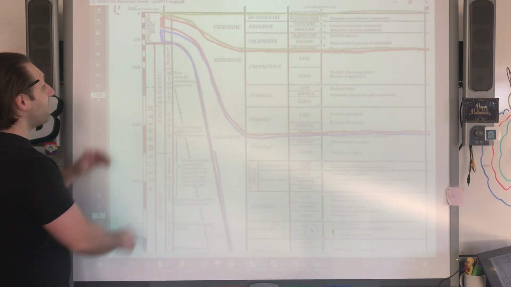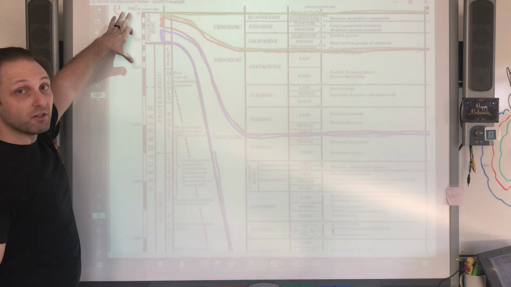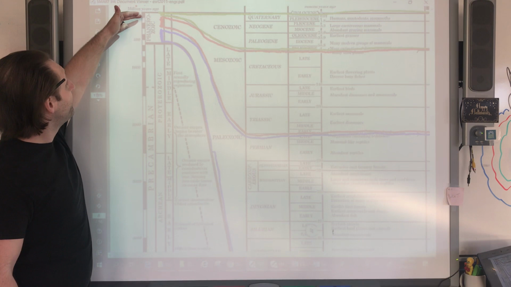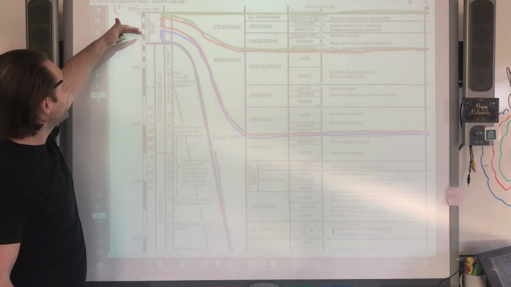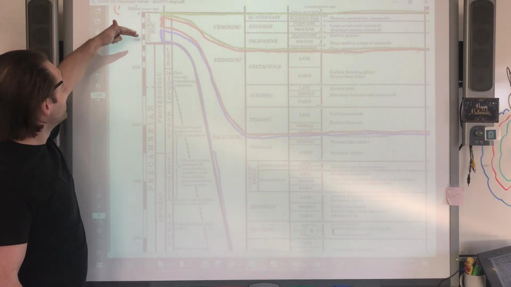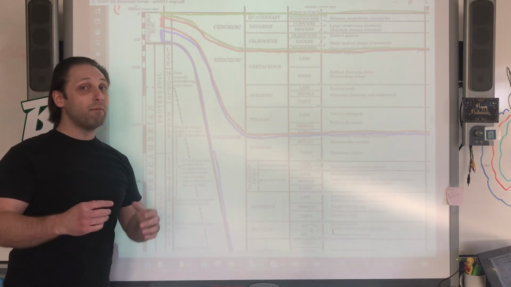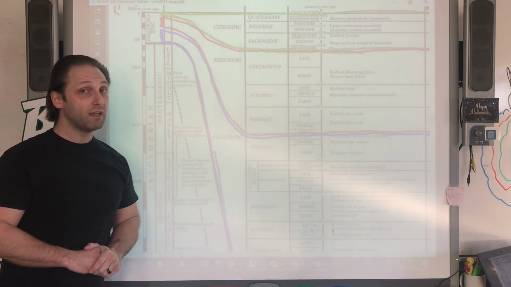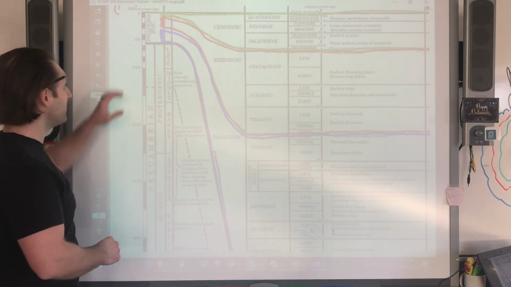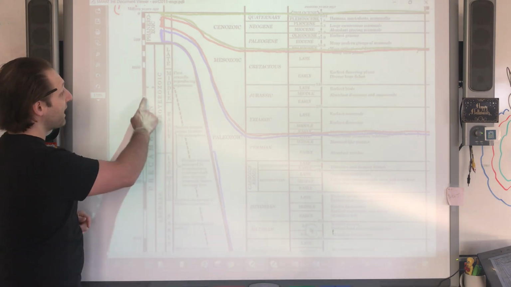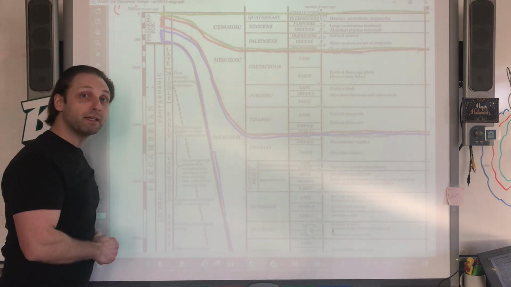Now, the scale is rather large in our 0 to 1,000 million years ago. They do break it down into 10 different smaller gauged interval slices. And that makes it a lot easier to see how much 100 million years is. Now, down here from 1,000 to 2,000 million years, you only have 1 break in the scale.